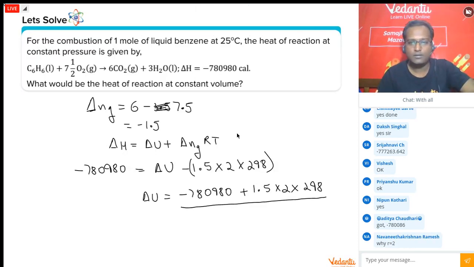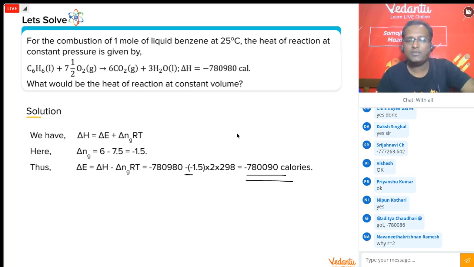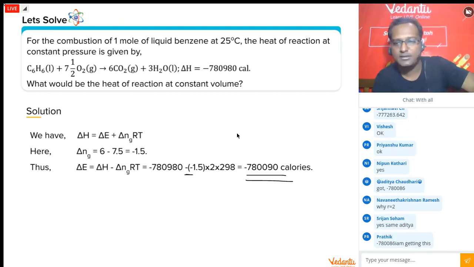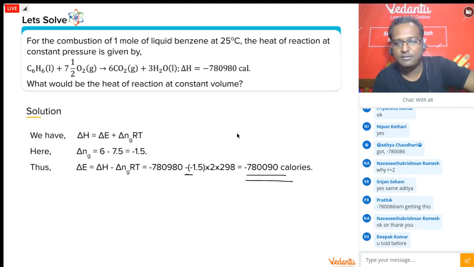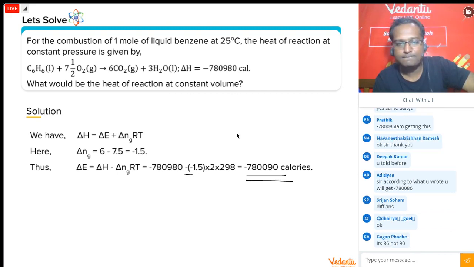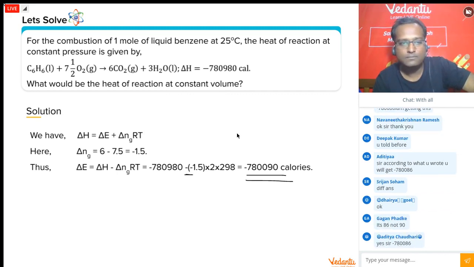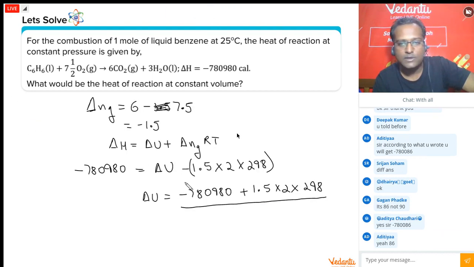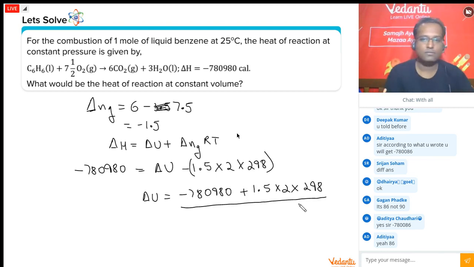सही किया था ना? हाँ. Why R is 2? Because it is in calories. कितनी बार बताना पड़ेगा ये चीज? अरे सेम ही तो लिखा है, I wrote the same thing. You are saying answer is coming different.